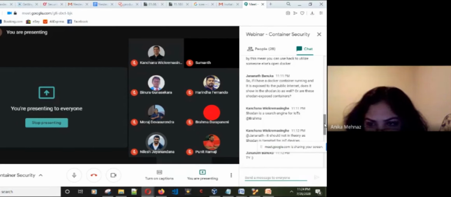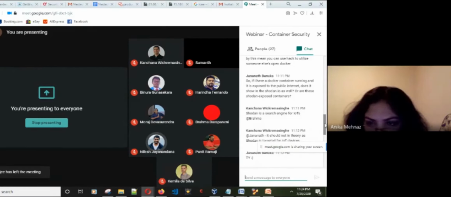I'm not sure about exposing your Docker container to the public, because there's another account, a premium account. If you have a premium account, then you get some more exposed Docker APIs, a longer list. Since I don't have a premium account, I don't know about that.